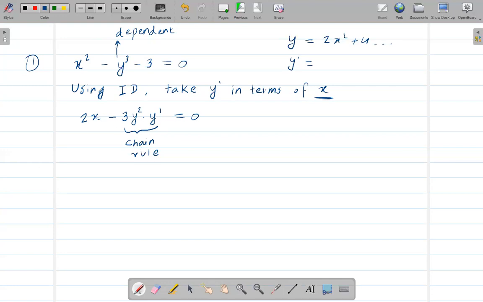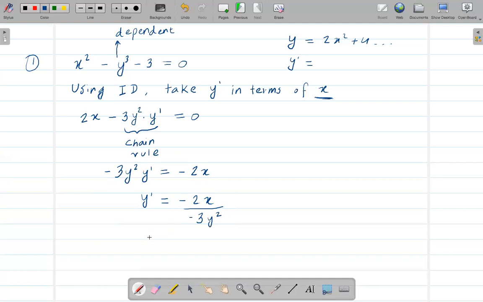So I can move this to the other side, which will be negative 2x, and then divide by negative 3y squared on both sides. So y prime equals negative 2x over negative 3y squared.